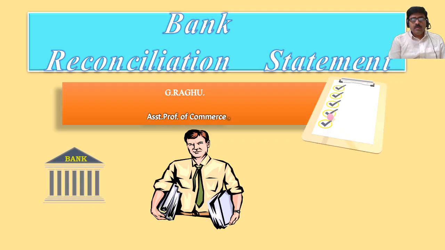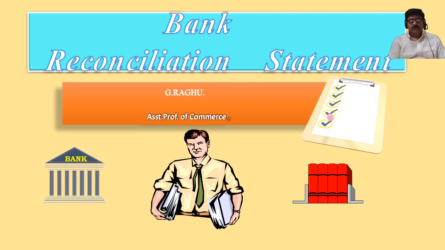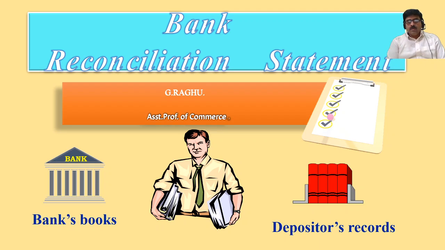We already discussed the bank and the records of the depositor, that is the cash book, the reasons for the reconciliation statement, and the mismatch between the balances of cash book and passbook, and how it can be rectified.